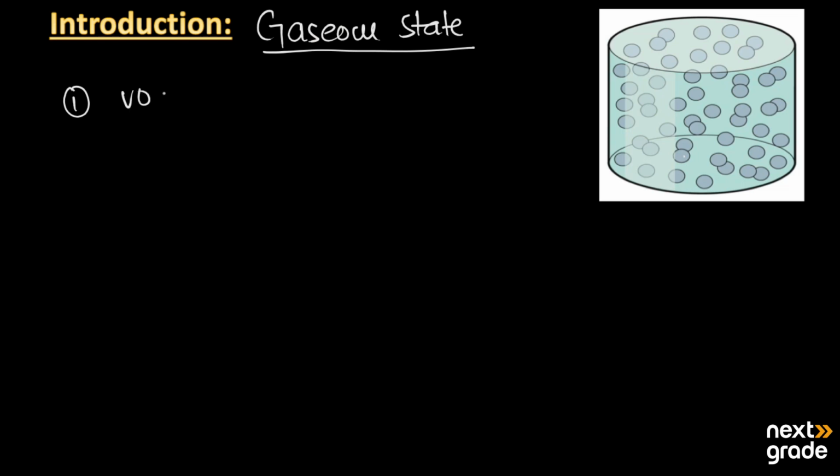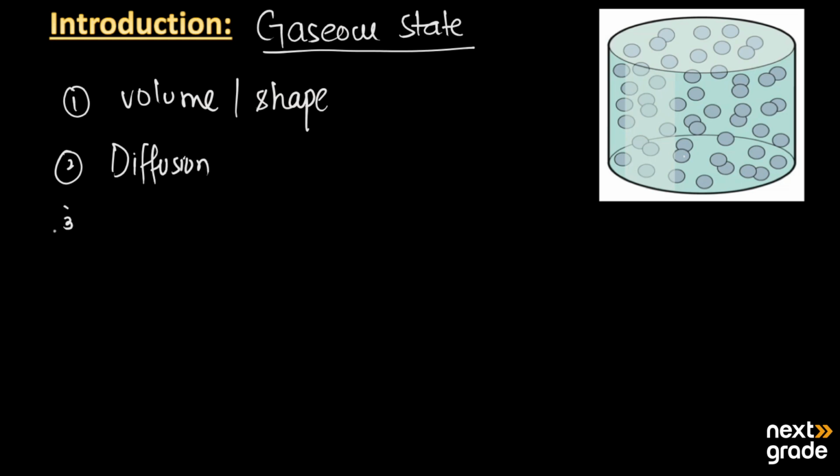Today we will discuss the first physical state of matter, that is the gaseous state. We will discuss its typical properties in detail. For example, we will discuss its volume and its shape. We will discuss its unique property, that is diffusion, and a third property, effusion.